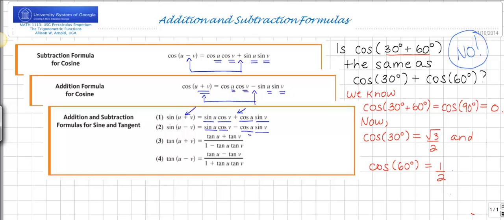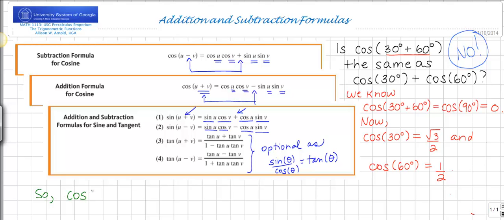Now the tangent formulas are optional, it's up to you, because you know that sine of an angle divided by cosine of an angle is the tangent of the angle. So if you know the addition and subtraction formulas for sine and cosine, then you can produce a value for tangent.